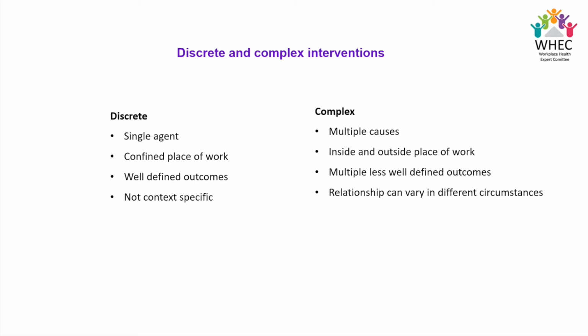This means that there is a greater possibility of generalizability than is the case with complex interventions, where there are multiple causes, frequently both inside and outside the place of work, with multiple less well-defined outcomes, and where relationships can vary in different circumstances. In these cases, they can be context-specific, making it more difficult to generalize.